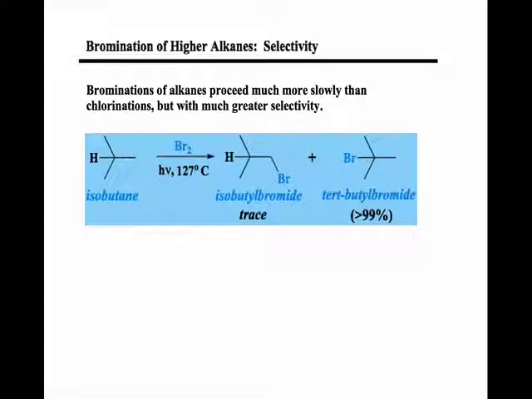So for example, Anna takes isobutane. Now she uses bromine, which is a liquid. She shines a bright light on it, heats it up. And what she finds from GC analysis is greater than 99% tert-butyl bromide and only a trace amount of isobutyl bromide. What's the problem with the math now?